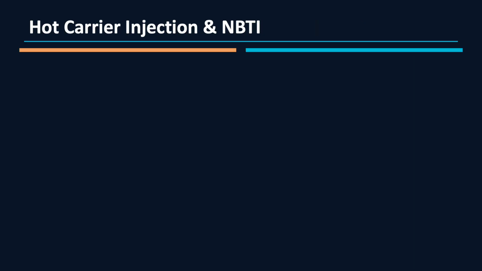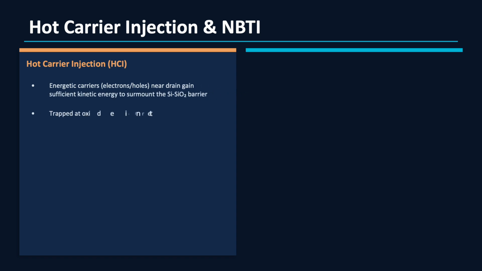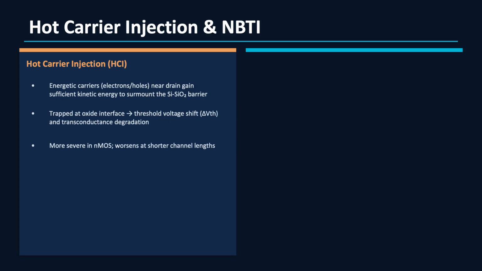Next, let's talk about HCI and NBTI. HCI, or hot carrier injection, is a mechanism where the energetic carriers like the electrons and the holes near the drain gain sufficient kinetic energy to surmount the silicon and oxide barrier.